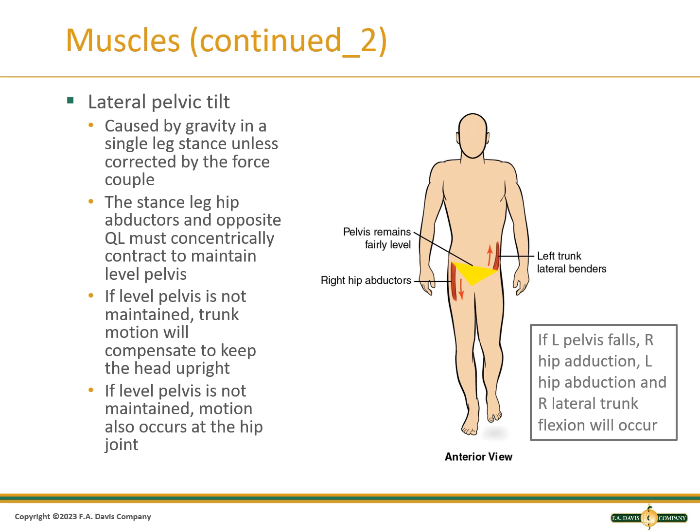So if the force couple does not activate in order to maintain a level pelvis, we get the resulting hip adduction on the non-weight-bearing side, hip abduction on the weight-bearing side, and then that compensatory lateral trunk lean towards the weight-bearing side in order to keep the trunk and head upright like we talked about in the previous picture. So we need the force couple of the weight-bearing hip abductors pulling down and the non-weight-bearing quadratus lumborum pulling up in order to maintain a level pelvis.